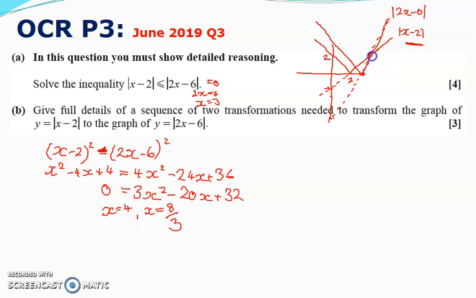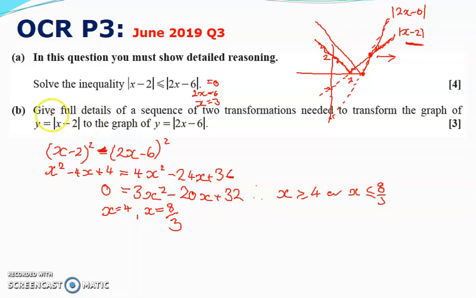It's definitely there onward. You can see the x minus 2 is lower than the other graph, and from here onwards it will always be lower, I think, because that's a steeper graph. So I think, therefore, x is greater than or equal to 4, or x is less than or equal to 8/3, which is the left one. That's right, 8/3 being 2 and a bit. So that's that first part done.